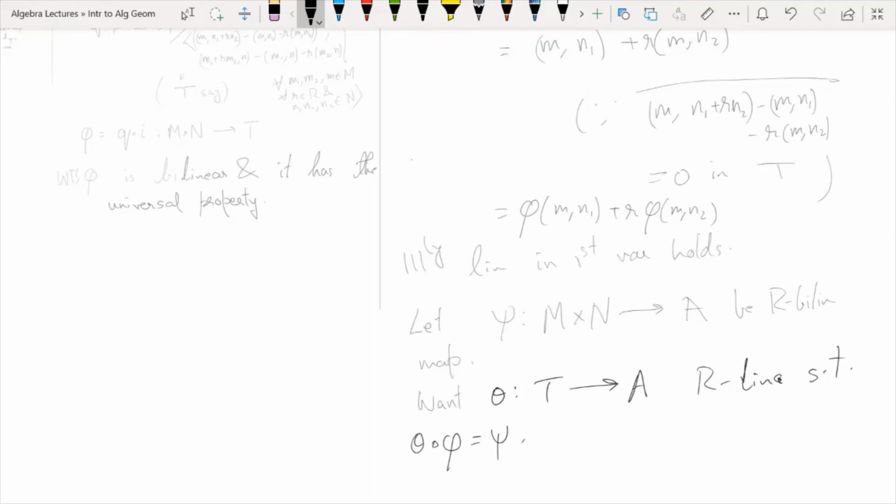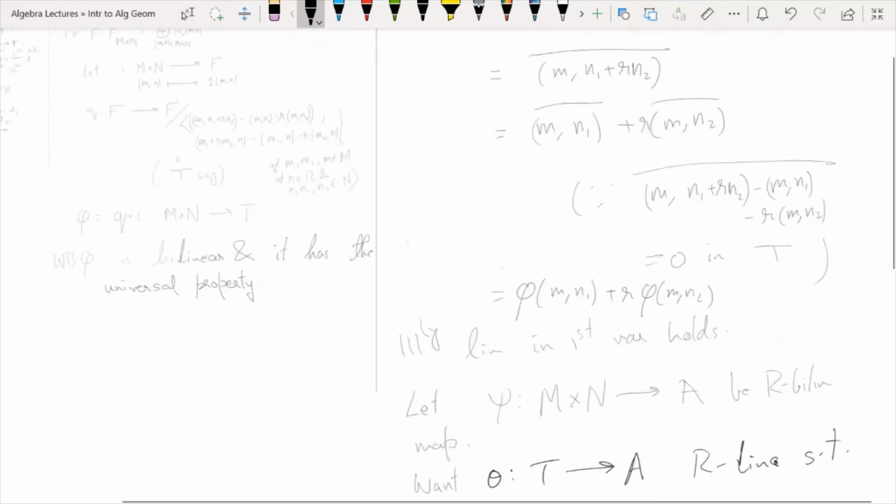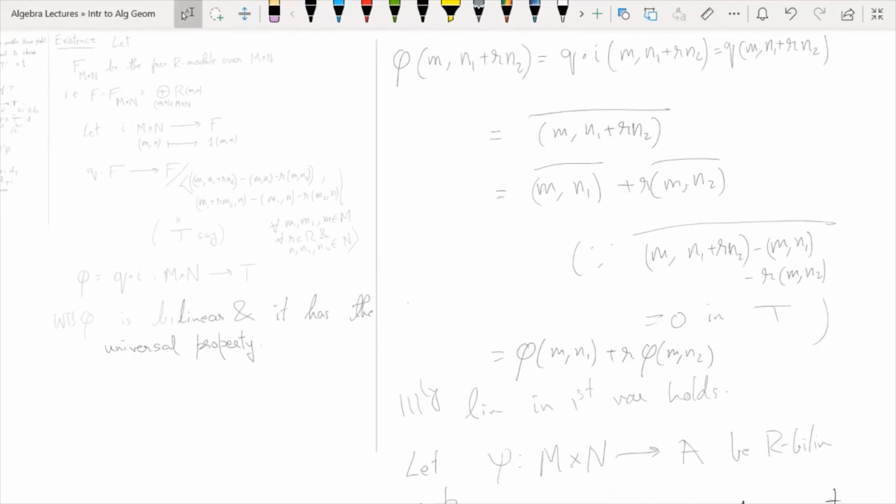So how do you define theta of an element in T? Remember, T is this F mod K. So it's difficult to give a map from T, because T is not a free module. But it's easy to give a map from a free module to something, and then check whether it factors through T or not.